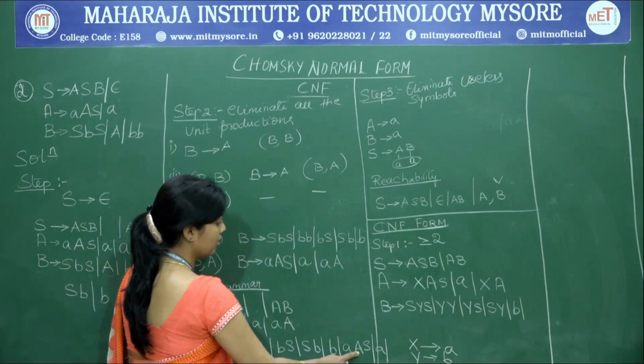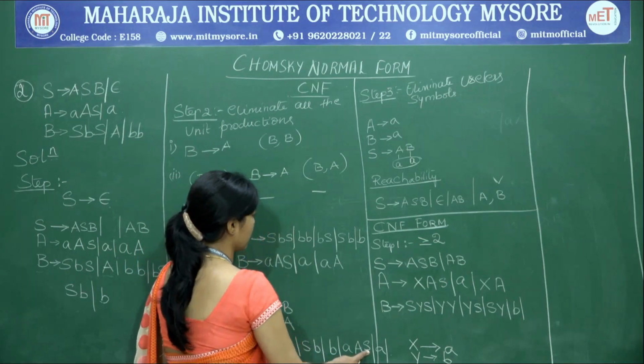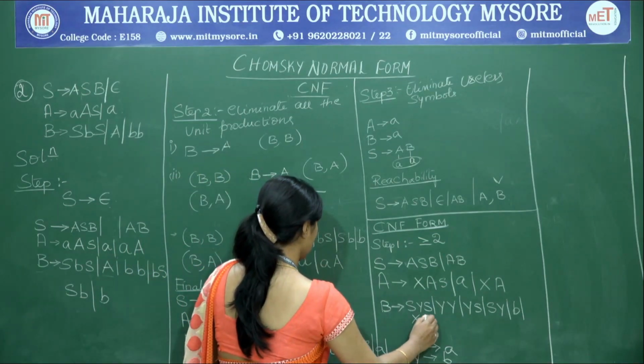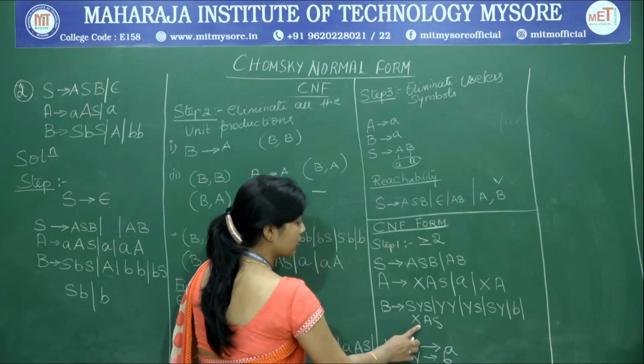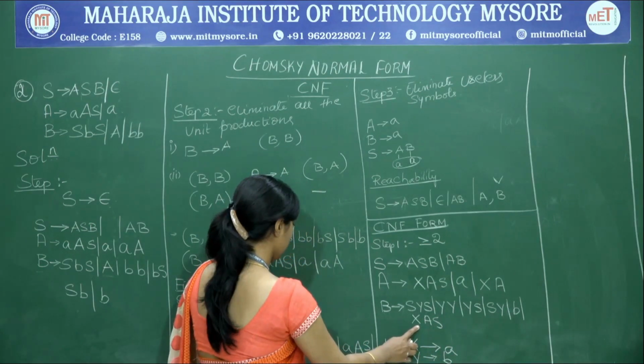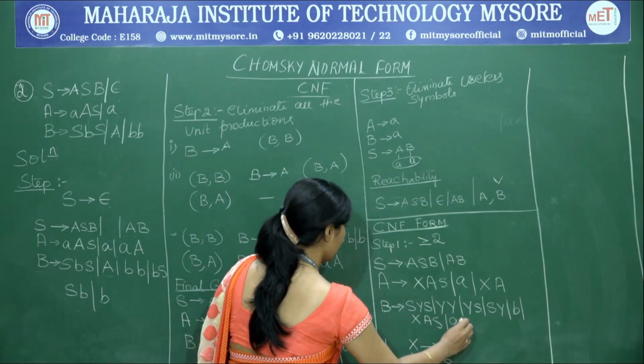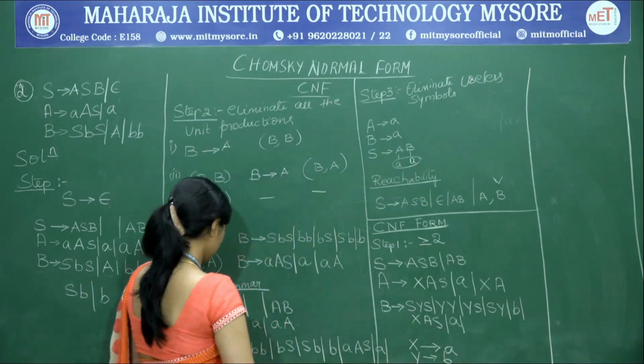Next we have A, capital A and capital S. So this is going to become XAS because we have X goes to a. So in place of small a here we have put X. Next we have small a, length 1, we will keep it as it is.